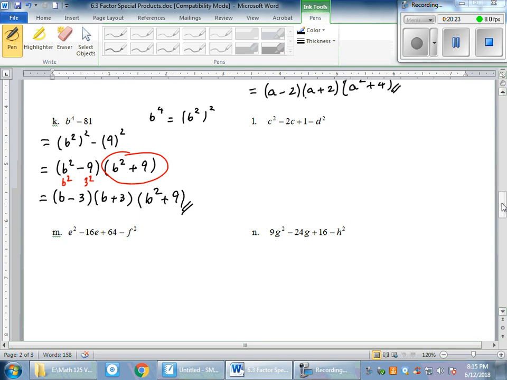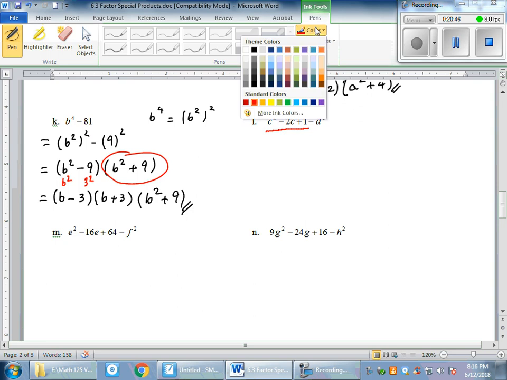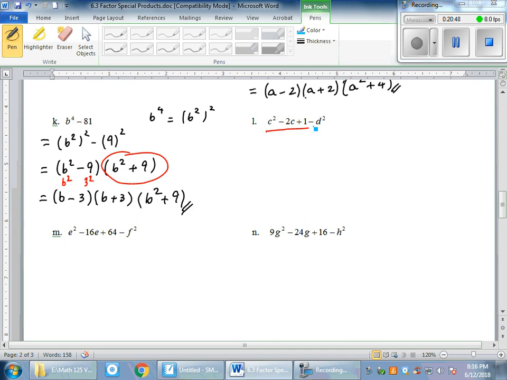So if you take a look at this, c squared minus 2c plus 1, that is a perfect square trinomial. C squared is a perfect square. 1 is a perfect square. The middle part is 2 times first times last. So that's how you can recognize you have to group 3 terms and 1 term by itself.